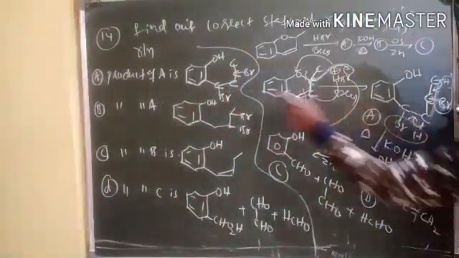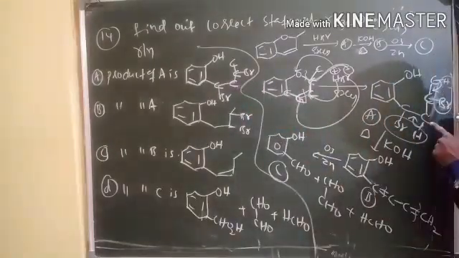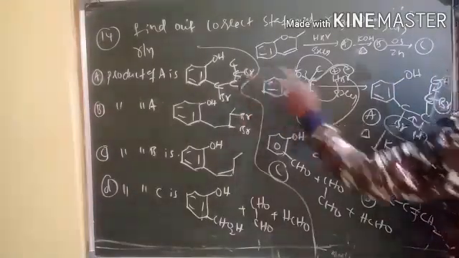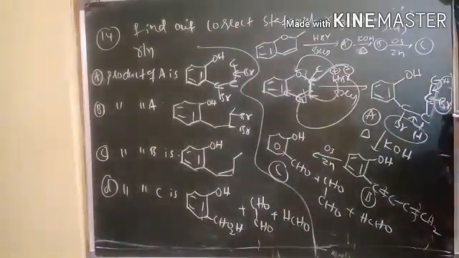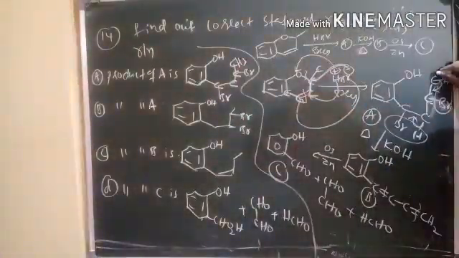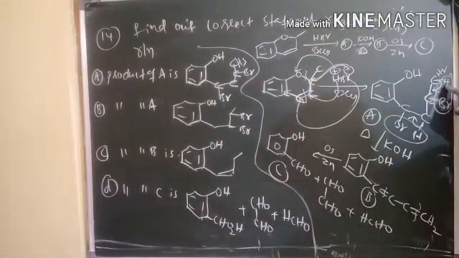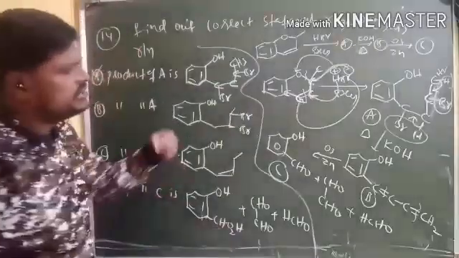Carbon, carbon, Br, again carbon, again carbon. The end of the carbon chain is always CH3, right? Here also CH3, but one hydrogen was used in this reaction. So option A is correct for this one, but let me check the next ones also.